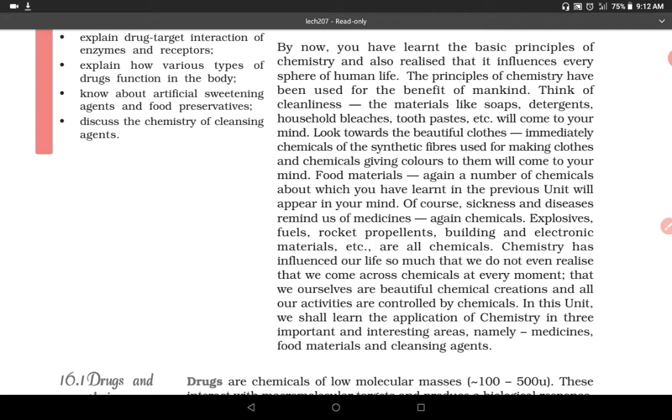Again, chemicals: explosives, fuels, rocket propellants, building and electronic materials. At the border we use weapons to defend against another country, and explosives are made up of chemicals. Rocket propellants establish satellite connections between countries to communicate. That also belongs to the chemistry field. Next, building and electronic materials.